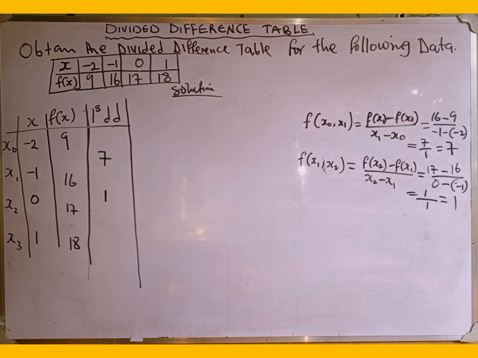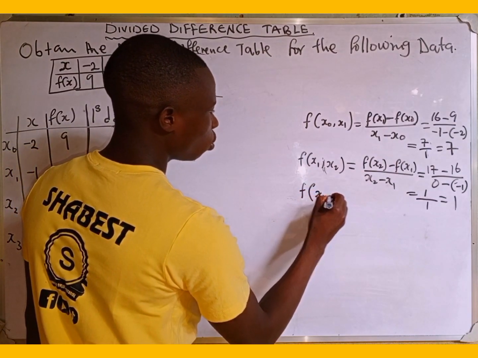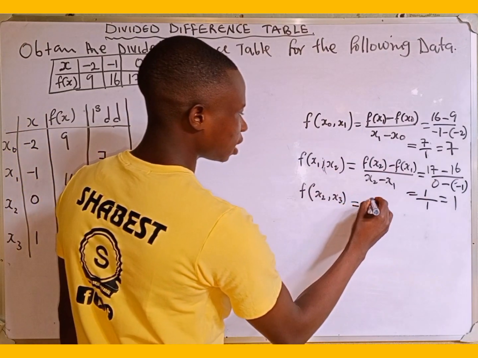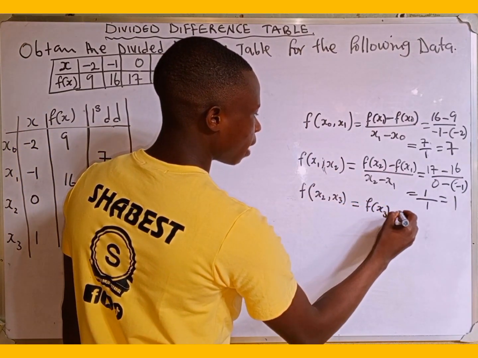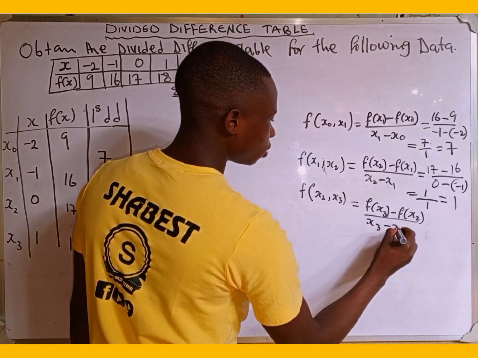So the next one is f of x2, x3. Just increase by 1, which is the same as f of x3 minus f of x2 divided by x3 minus x2.